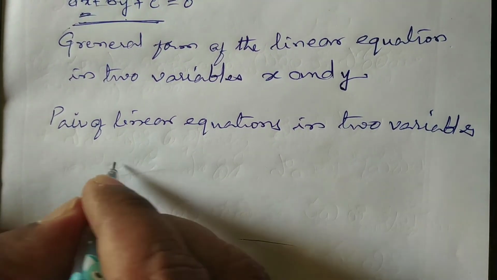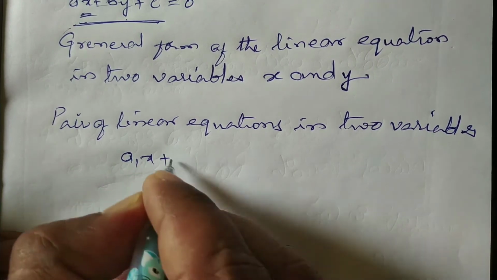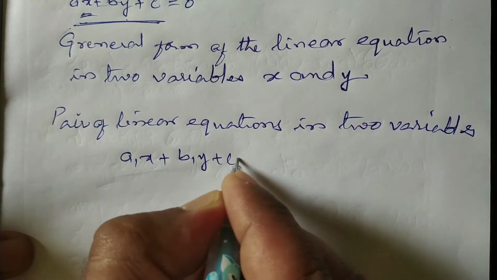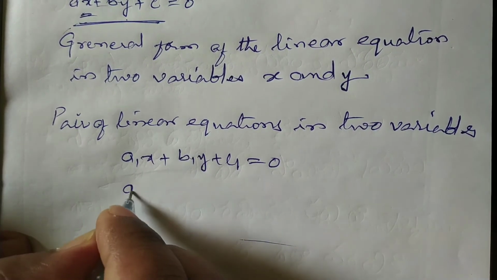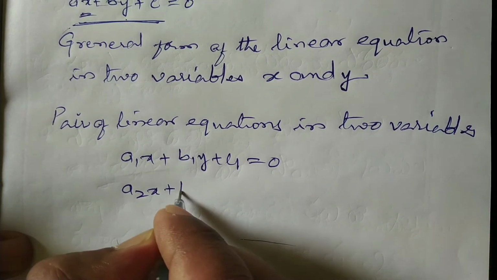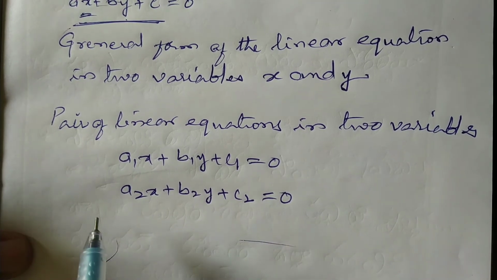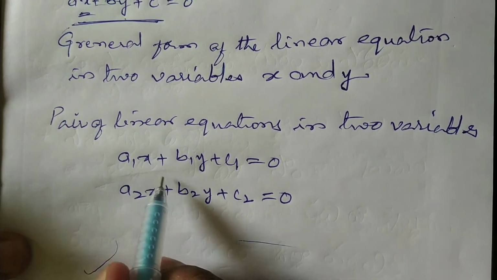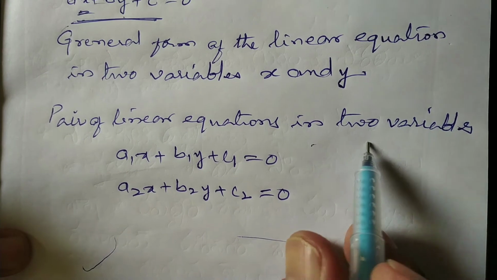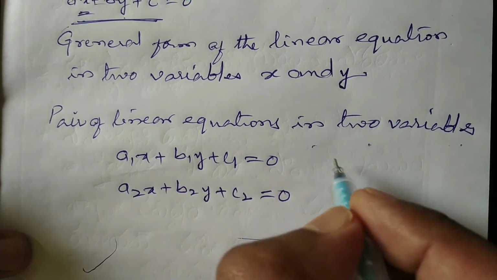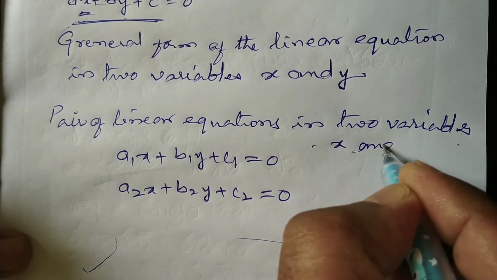So here, a1x plus b1y plus c1 equal to 0, a2x plus b2y plus c2 is equal to 0. These two are the pair of linear equations in two variables x and y.